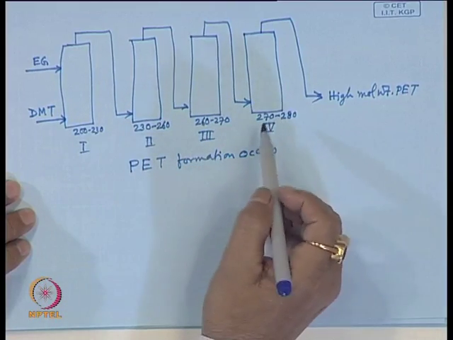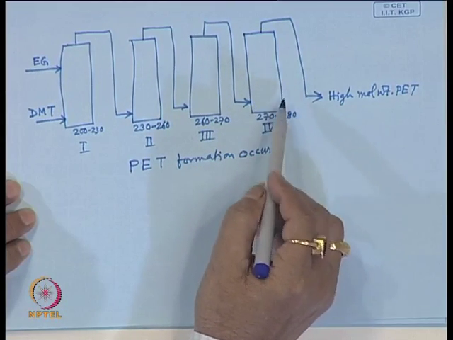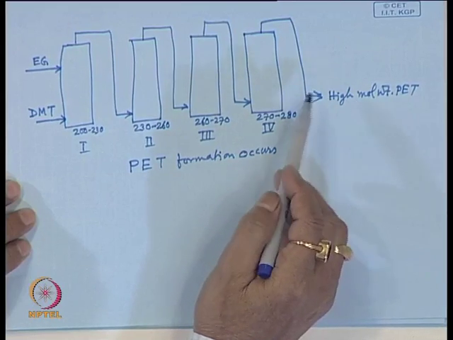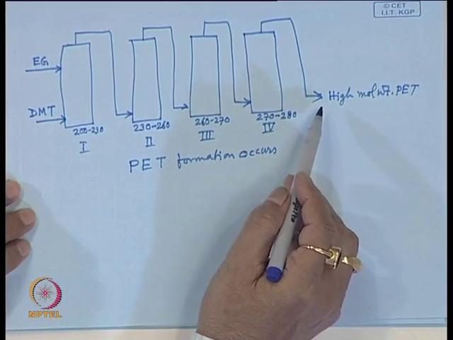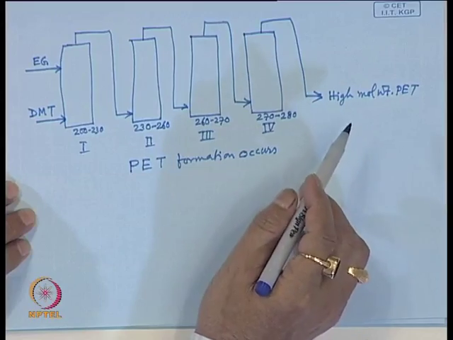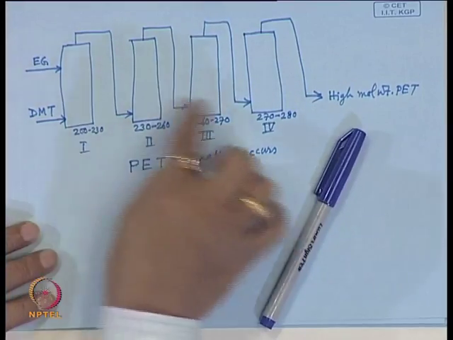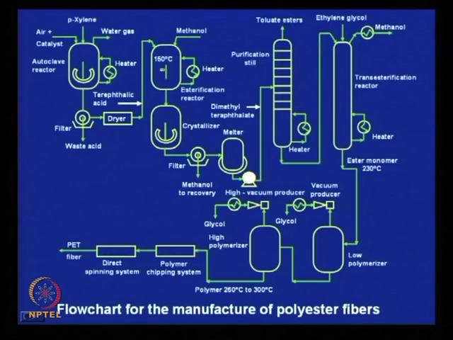This way finally, we get high molecular weight product from the last reactor, then it can pass through other subsequent units, here you see. So, these 4 in this diagram, all those reactors are shown in one place.